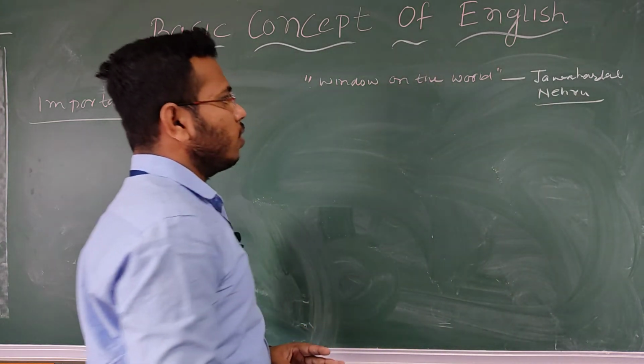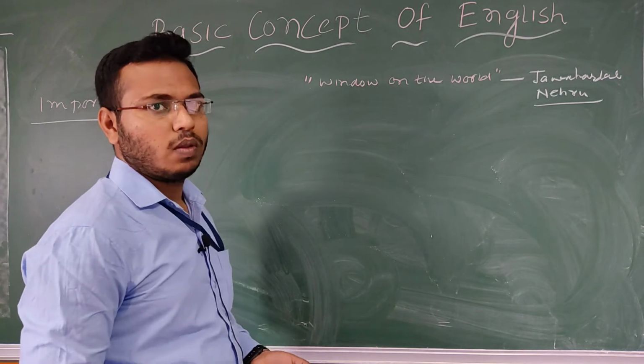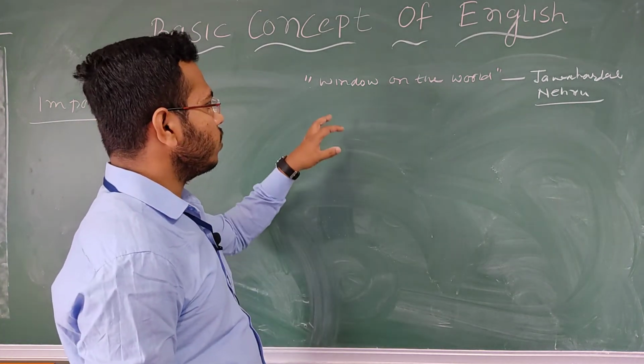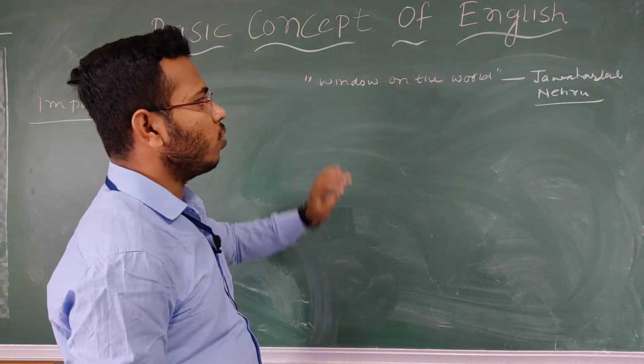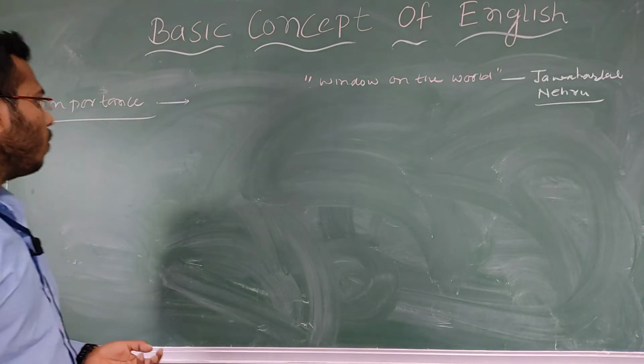So Jawaharlal Nehru said English is a window on the world, and you can think about what exactly it means, window on the world. You can think about this phrase. It has a very deep meaning.